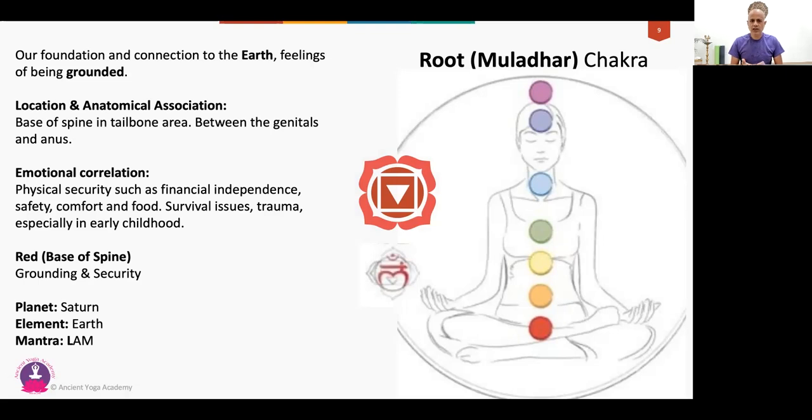So root chakra is the foundation, is the earth element, and earth element represents a grounded feeling and stability, security, and support. Very very important. Now we all need stability in relationships, stability in financial job, or whatever business we do. We need a house.